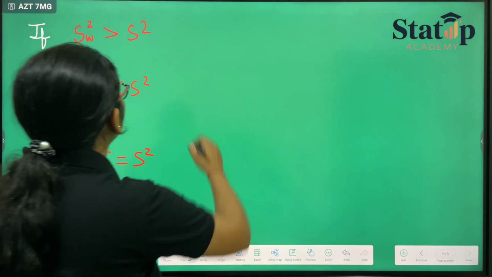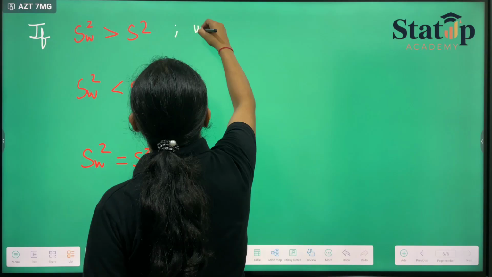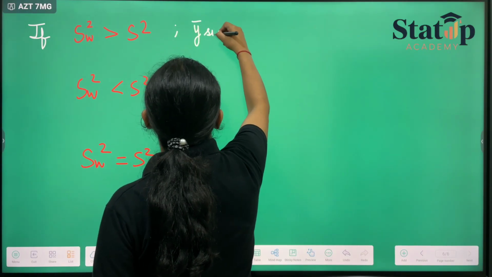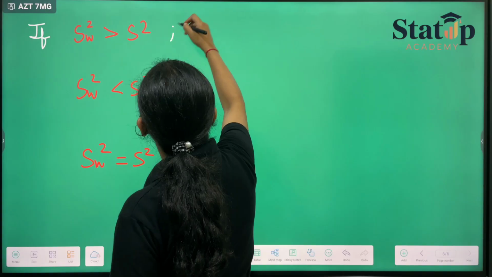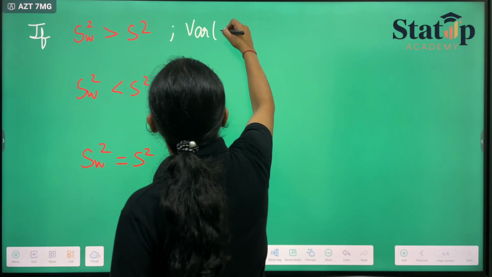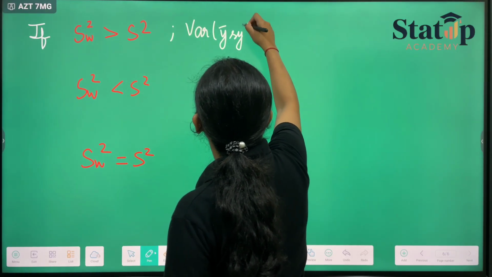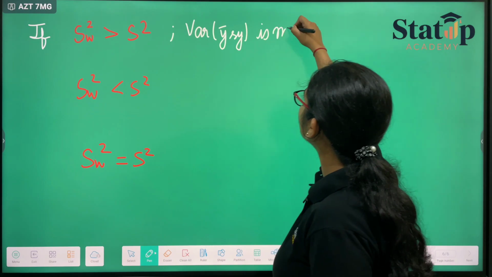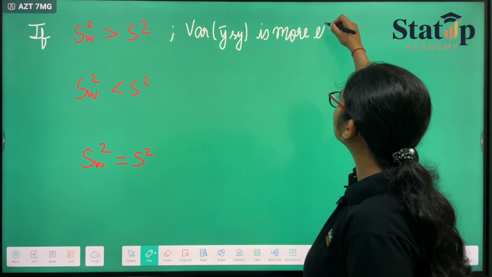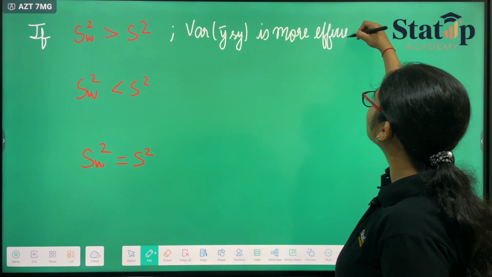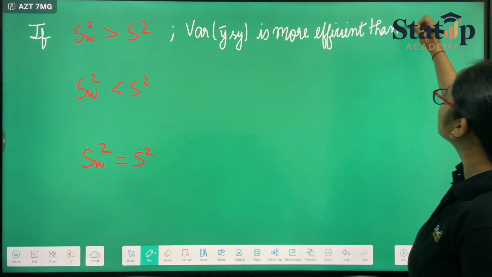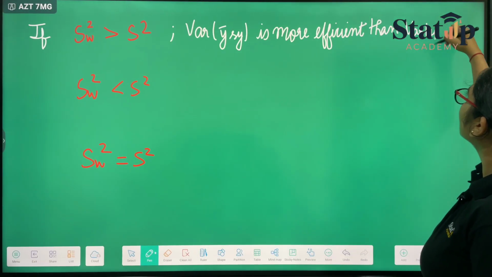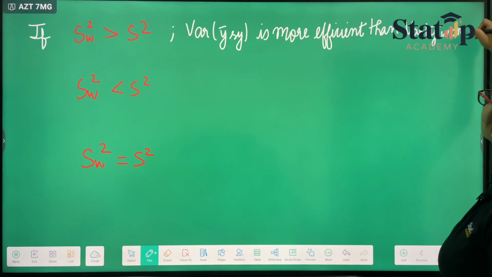So if it is greater than S square, then variance of Y bar systematic is more efficient than variance of Y bar without replacement.